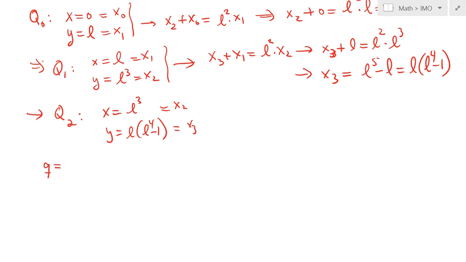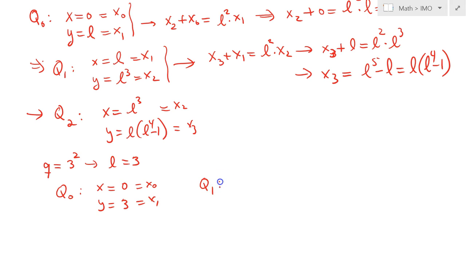So let's try it. Let q be equal to 3 squared, so L itself is equal to 3. In that case, q sub 0 would simply be x equals 0 and y equals 3. So that's my x0 and that's my x1.